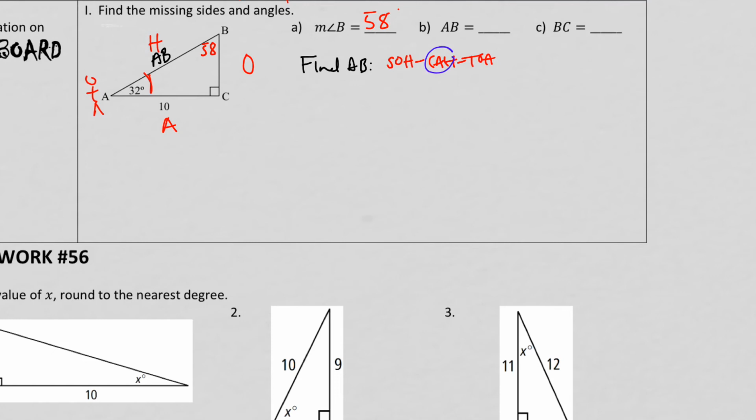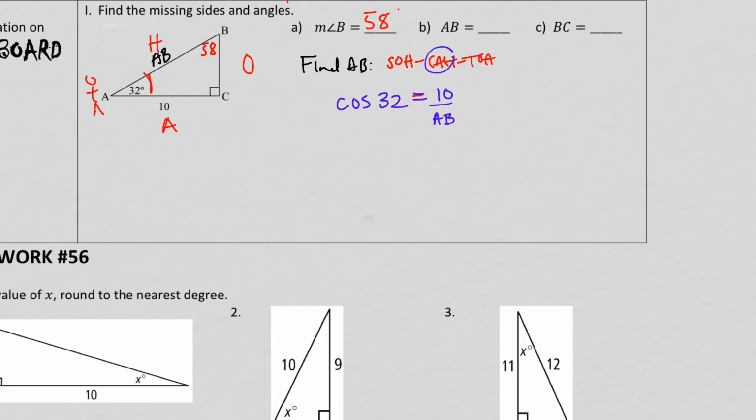So here I go, cosine of 32 degrees, which is the angle that I chose here, is equal to adjacent over hypotenuse, which is my unknown AB.